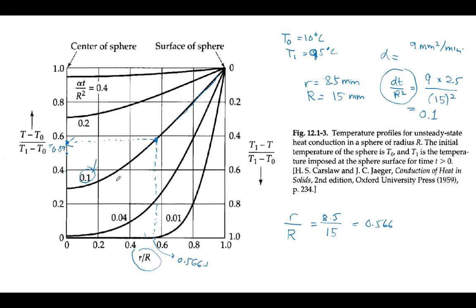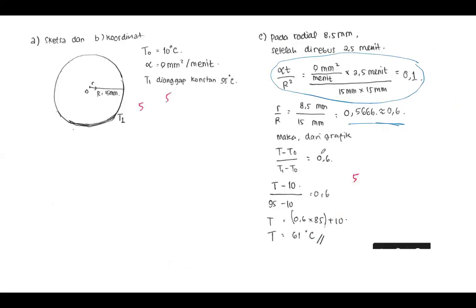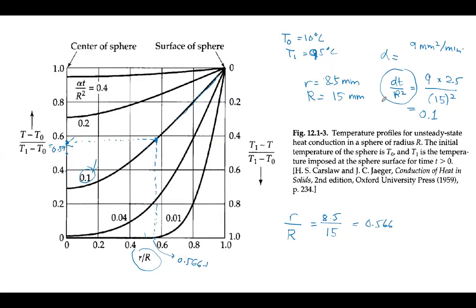I think this one is also acceptable, because they put a little bit of approximation. But if you want to be more detailed, like me, because there is a slight difference over here, that would be okay as well.